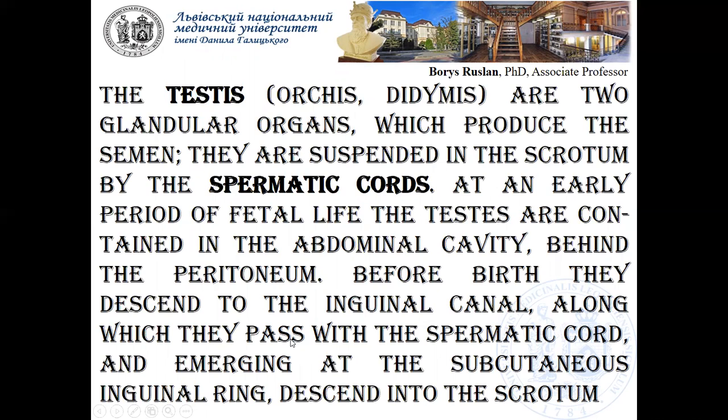Before birth, they descend to the inguinal canal, along which they pass with the spermatic cord, emerging at the superficial inguinal ring and descending into the scrotum. So the testis goes from upstairs to downstairs, into the scrotum from the abdominal cavity.